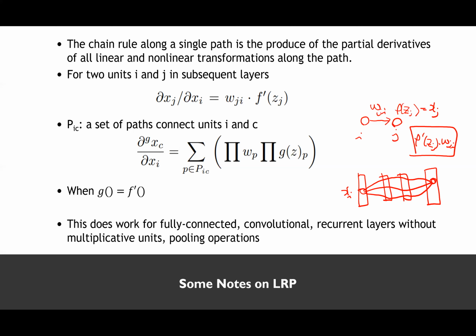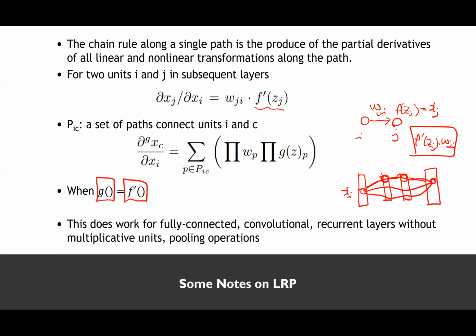Whenever we take a partial derivative here, it will recursively incur the partial derivative of this node, a gradient times the weight. So any path here will give us the gradient of the node times the multiplication of weights for all the possible paths. So we can define the gradient of f prime, which is a nonlinear function, as g.